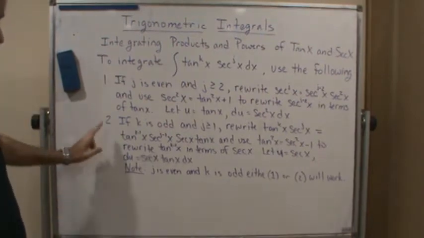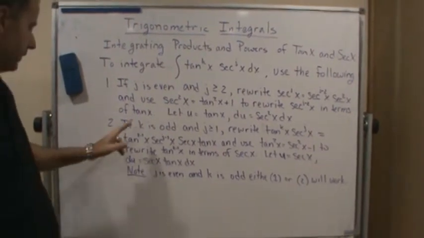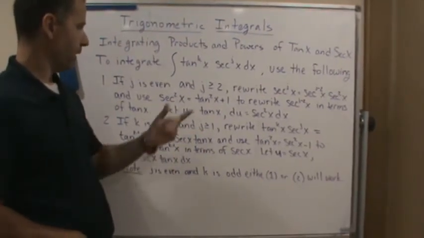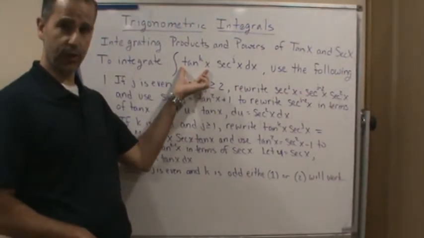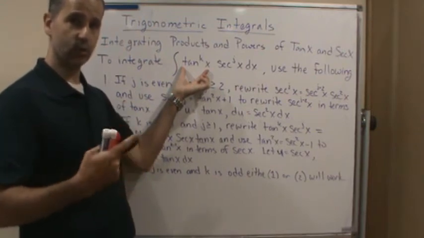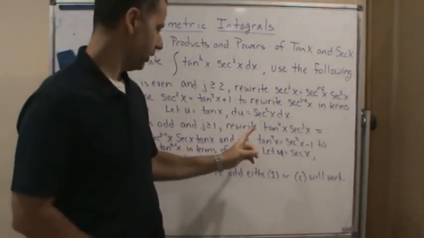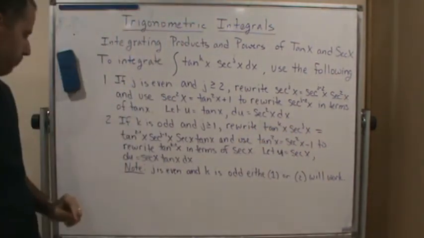Now, strategy 2 you use if k is odd and at least 1. So if the power of the tangent function is odd and at least 1, then what you want to do is you're going to shave off 1 of each. Okay?